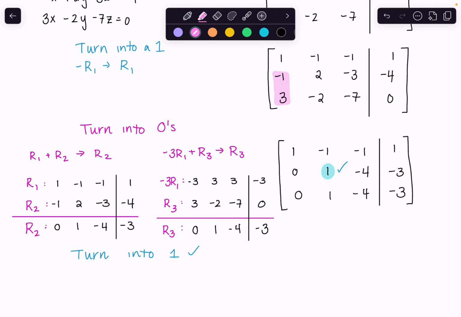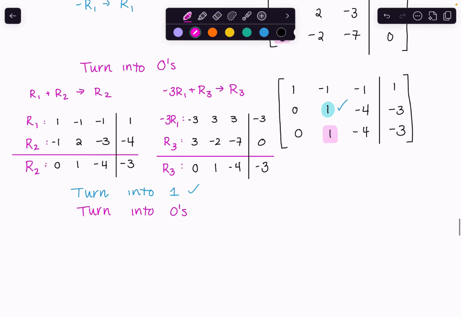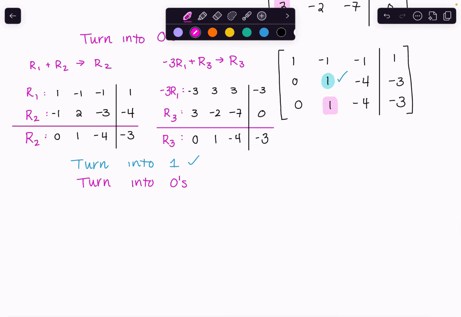And then I want to go ahead and get zeros underneath it. So in order to do that, I've got to take negative row 2, add it to row 3, and this is my new row 3, okay?